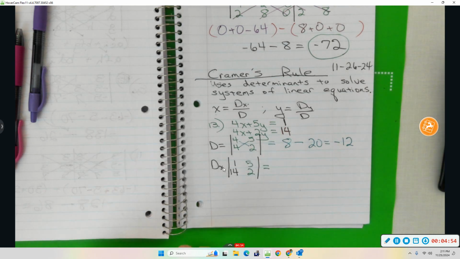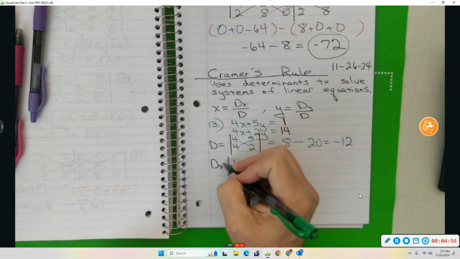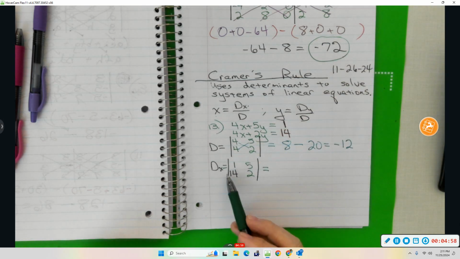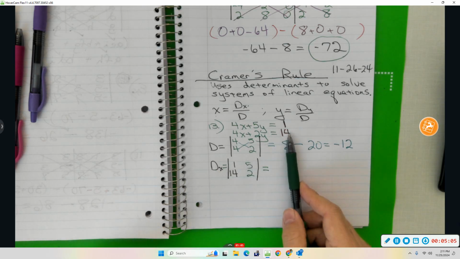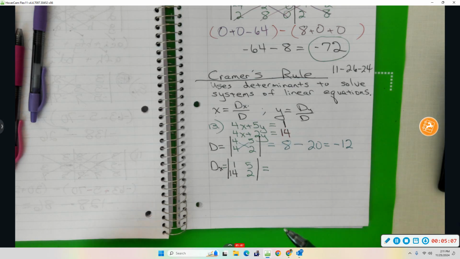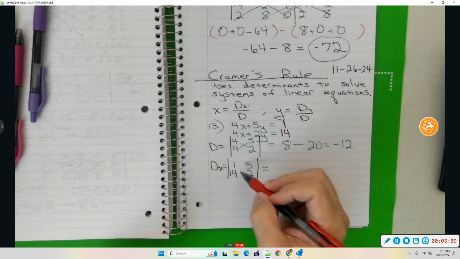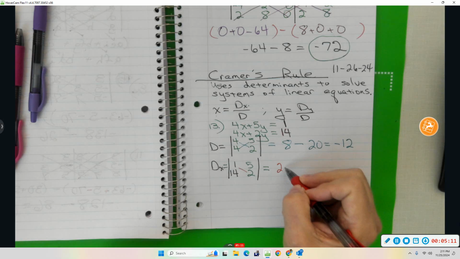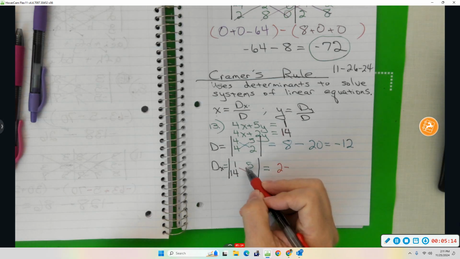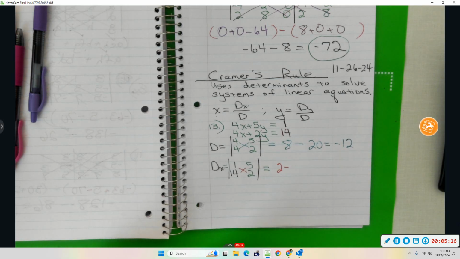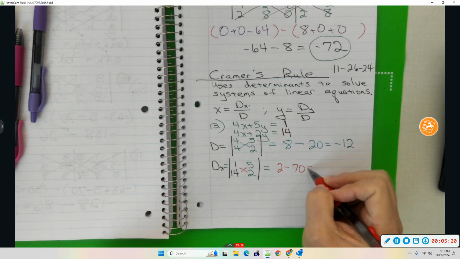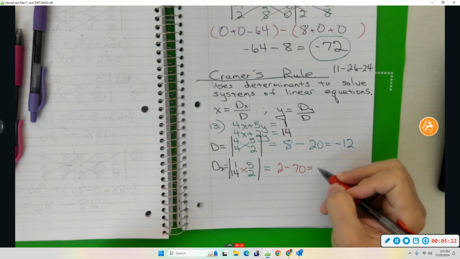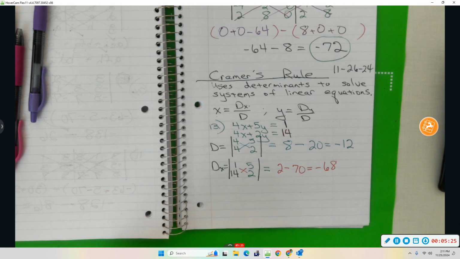D sub x is equal to the determinant you get when you replace the x column with the column of constants. So we multiply 1 times 2 is 2 minus 5 times 14. Is that a 70? 2 minus 70 is negative 68.